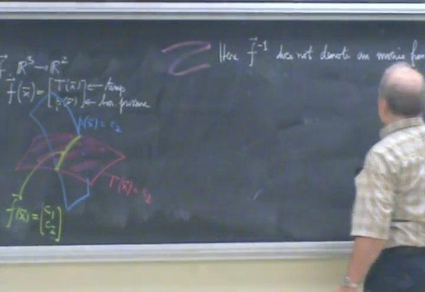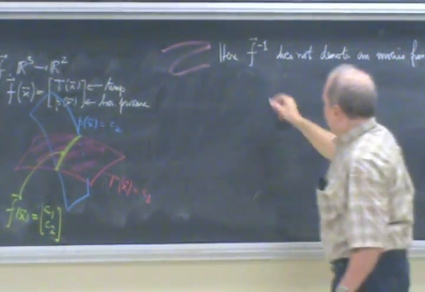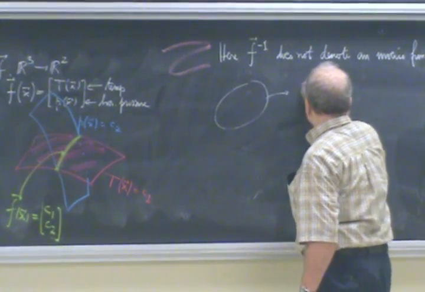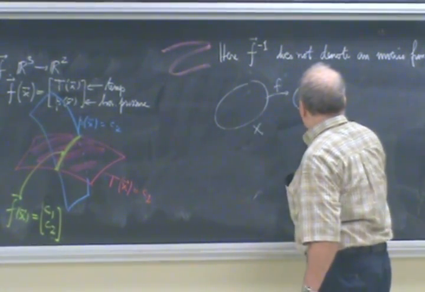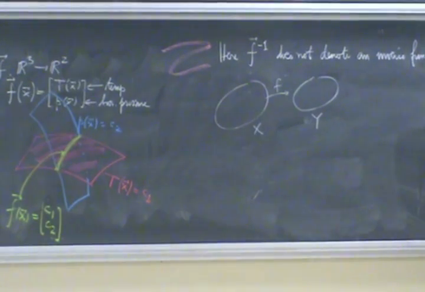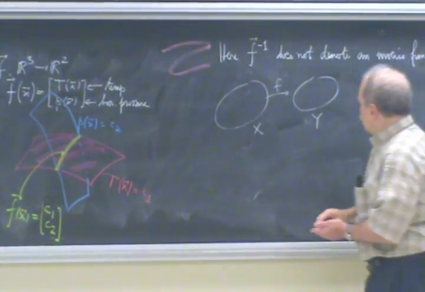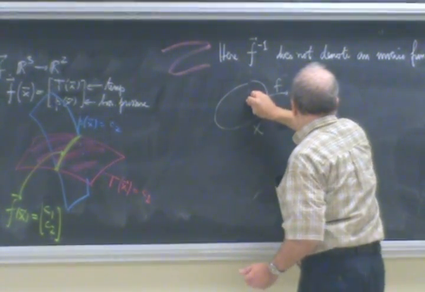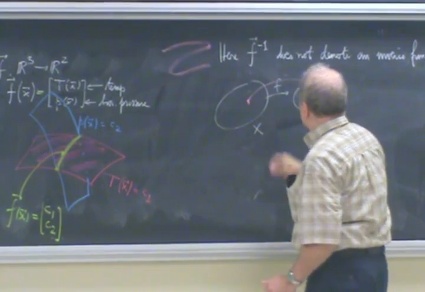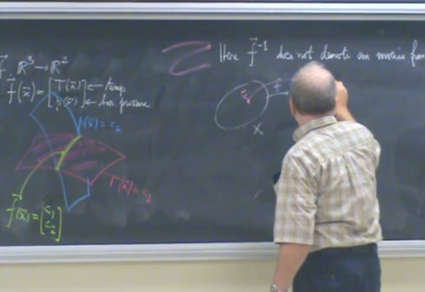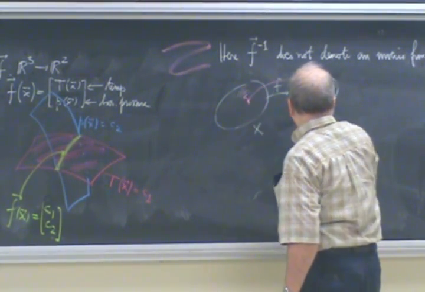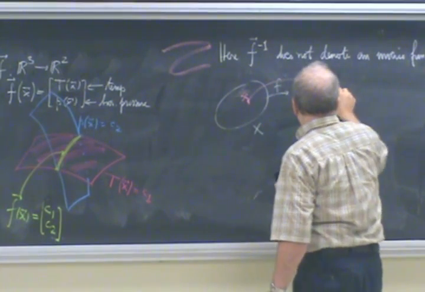Here's what you should be thinking about when I write this. I'm going to draw you this sort of picture of a function as a mapping from a set to a set. F takes points here to points here, right? If this is an x, this is f of x. Let's forget vector signs, let's just use letters. F of x.